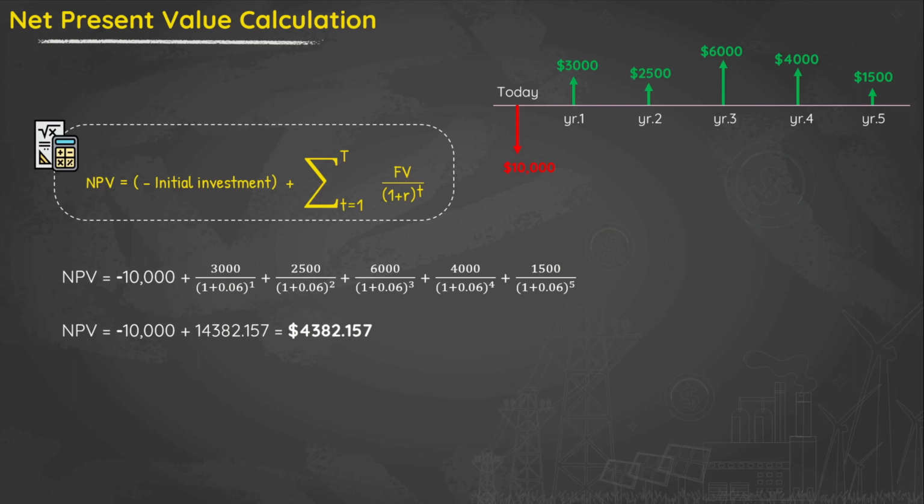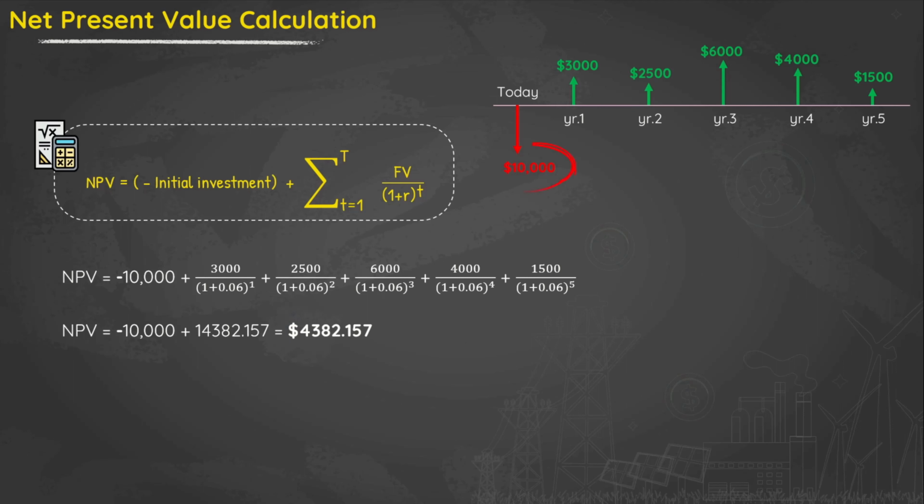After the calculation, we found that the NPV is equal to 4,382 and 15 cents. Good. But what does this 4,382 and 15 cents actually mean to us? What indication does NPV give us in this case?